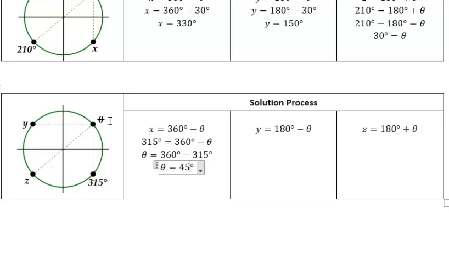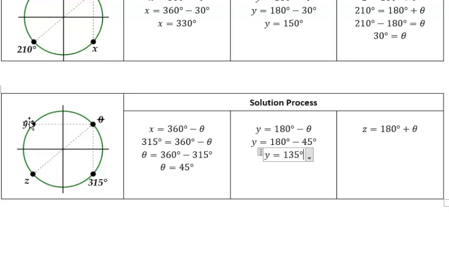Now that I know the original angle, I can find position Y and position Z. Y will be 180 minus the angle. So 180 minus 45 degrees. If I subtract, it will give me an answer of 135 degrees.